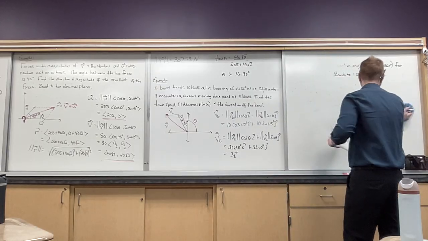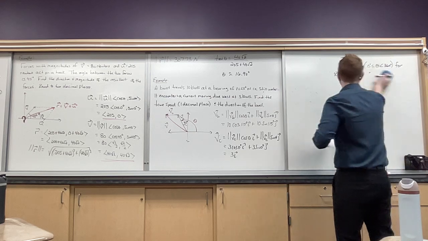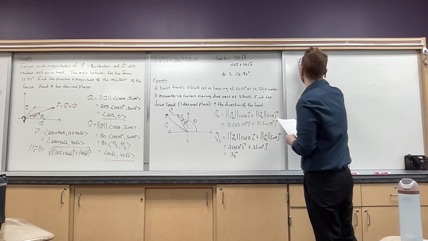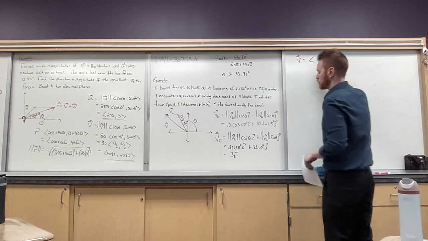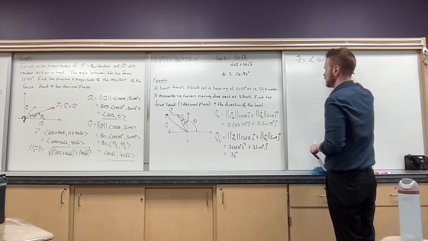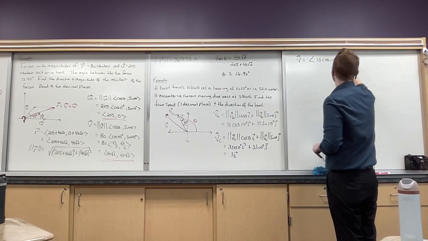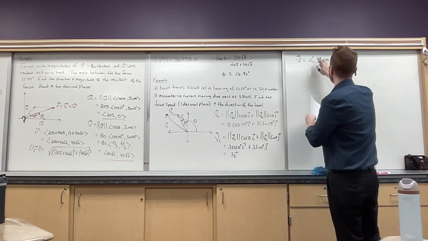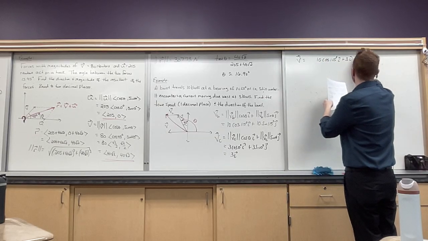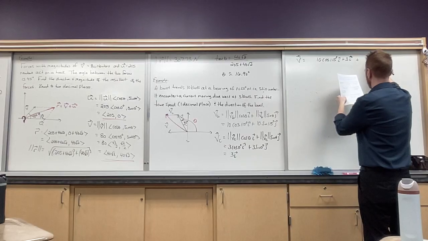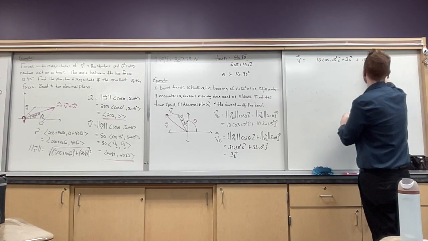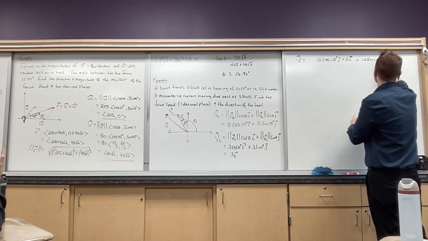Okay, now that we have the components, we can add them together to figure out where the boat's headed. So I just call that vector B. So we're gonna have 10 cosine 115 degrees i plus 3. Actually, I don't need those because we're using i's and j's. Plus, well, it'd just be 0, which is just gonna be 10 sine of 115 degrees j.